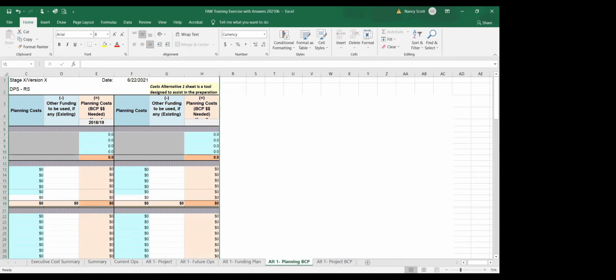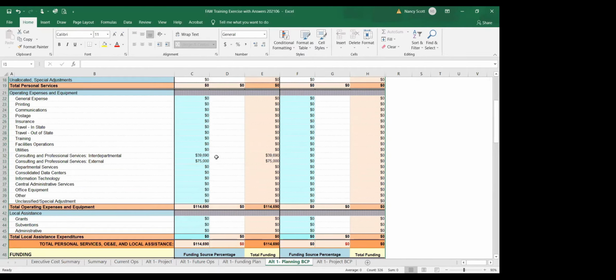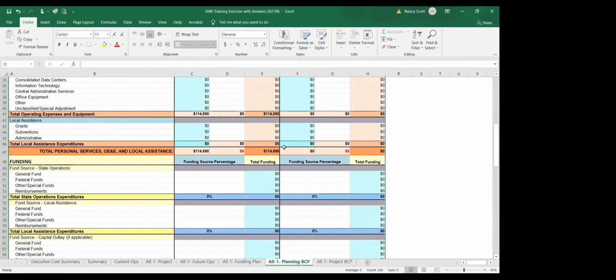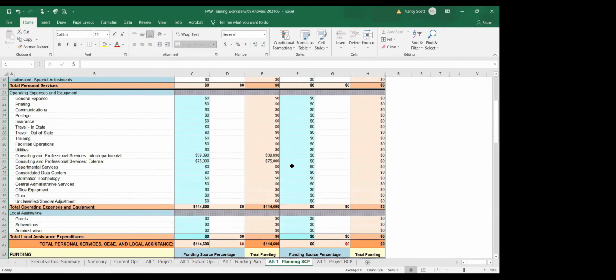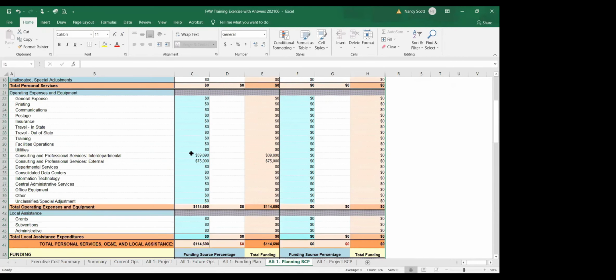So if I went over here to my planning BCP, it would show that 114,690 is what I need. So if I was a department looking at this, I would know that these are the categories, the breakdown of what I need. So very helpful when I'm writing my BCP or when I'm reviewing what a department has put in as a BCP.